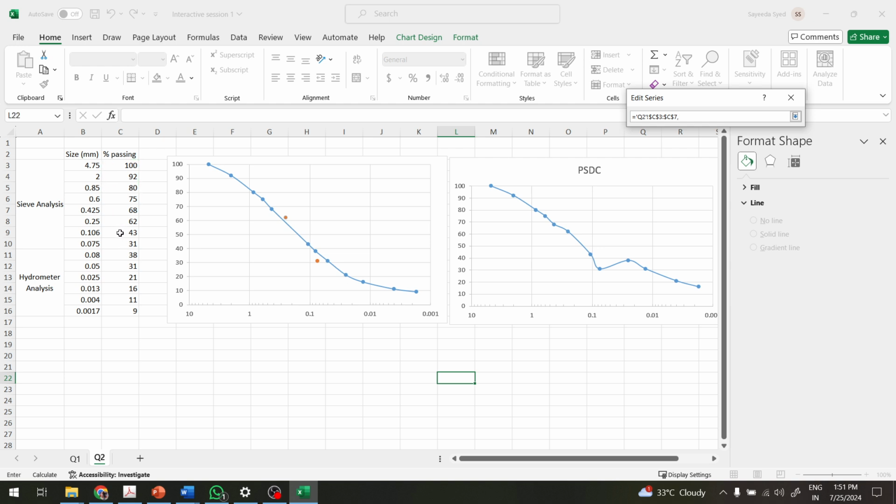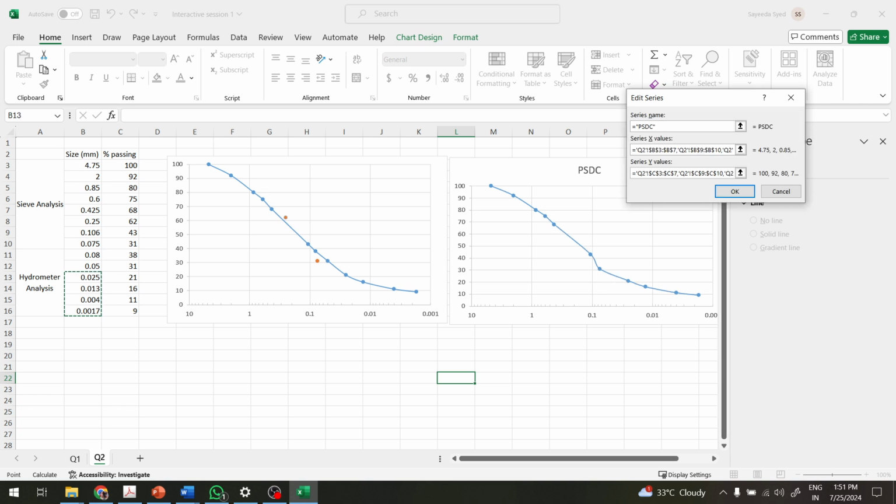This, and the x we will have this, this, and this. I think there is an issue. Let me check.